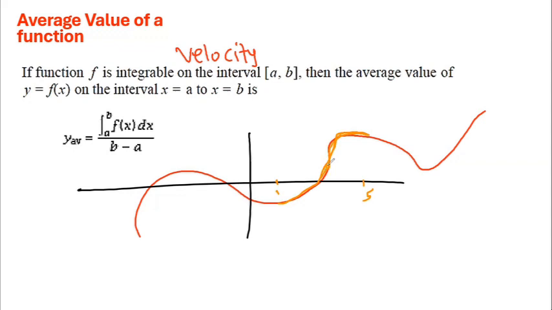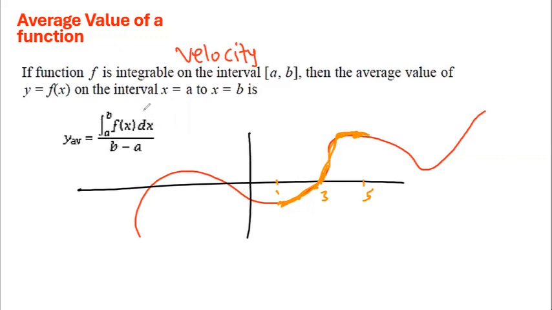What is the average value of the function? Here, near 5, it has higher values. Near 3, it has lower values, and then it has negative values near 1. So the function is changing all the time. What's the average value of this function?